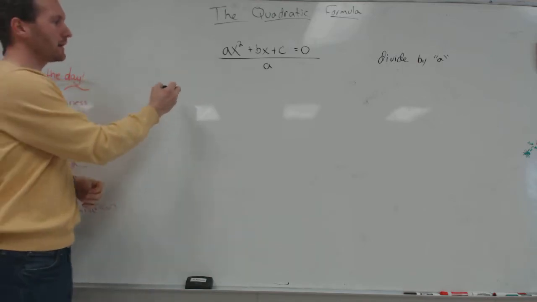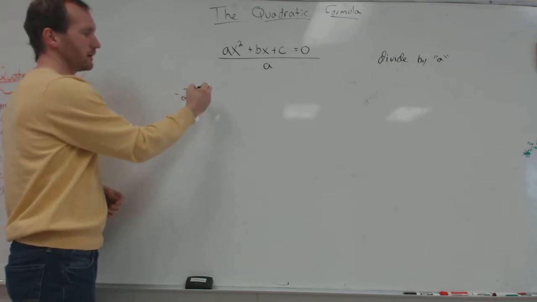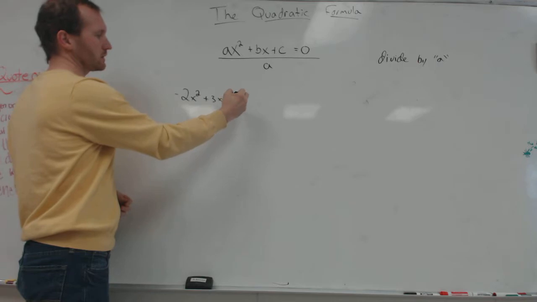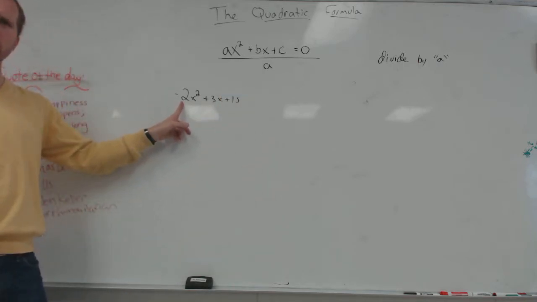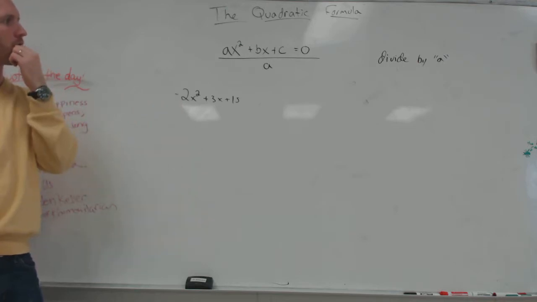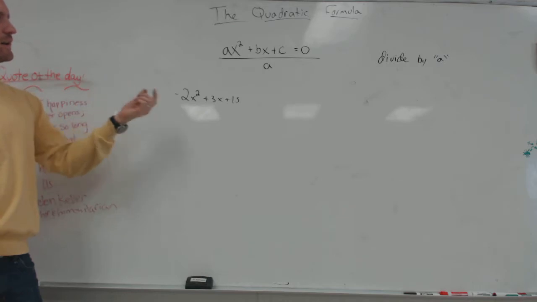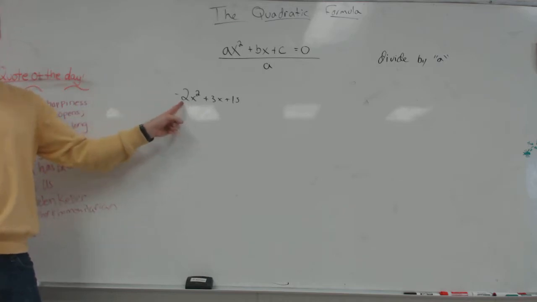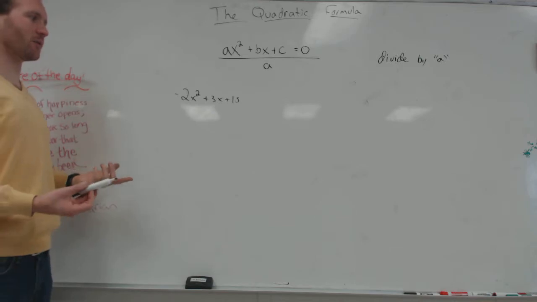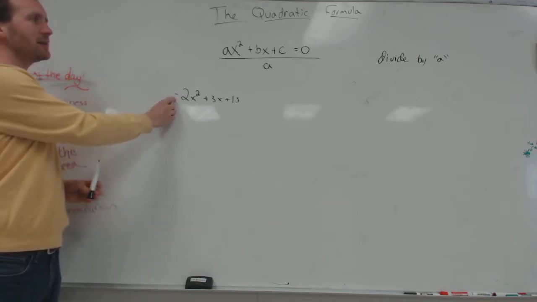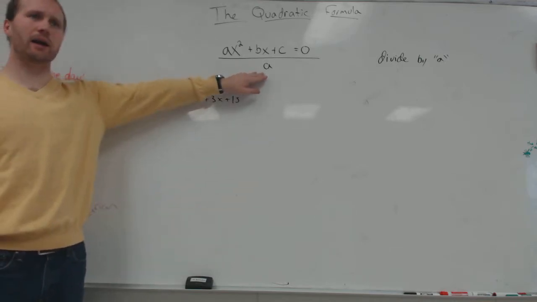What is a here? Negative 2. What is negative 2 divided by negative 2? Positive 1, right? So even if a is negative, I'm still just dividing by a.